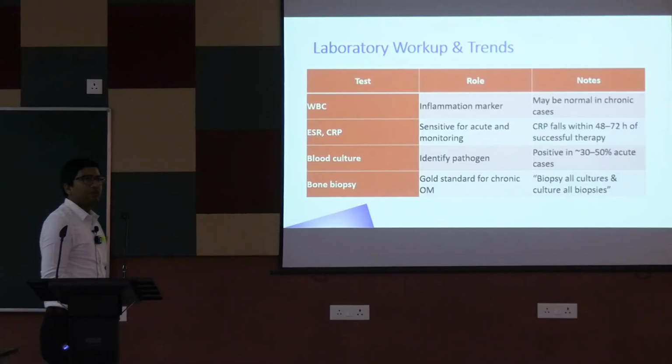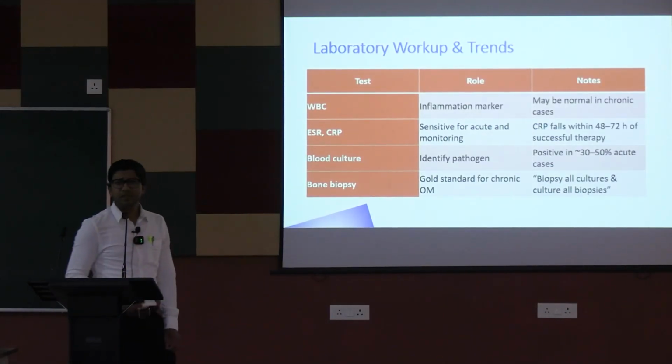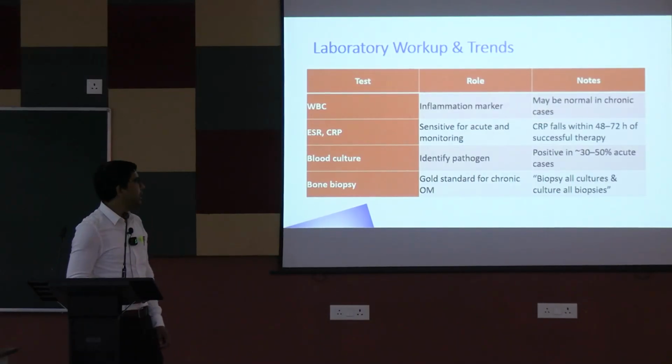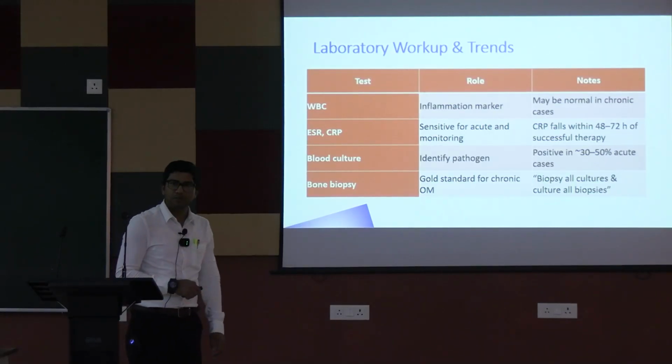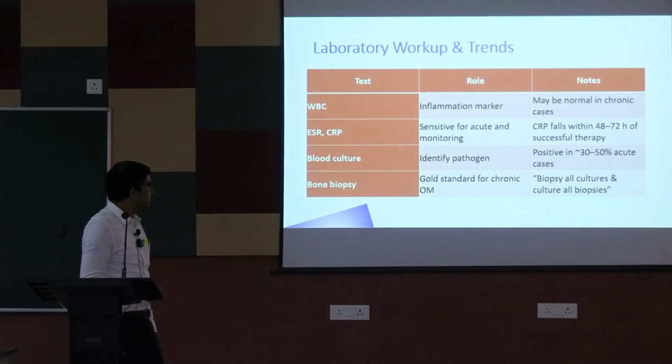So the basic laboratory workup: you get the total leukocyte count, which is an inflammation marker. In acute osteomyelitis it is raised, but in subacute and chronic forms it could be minimally raised. Similarly, ESR and CRP are raised in osteomyelitis, and they are very important for monitoring the treatment, whether it is responsive or not, because the CRP level falls within 48 to 72 hours.